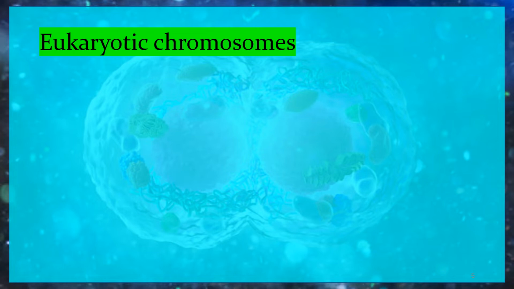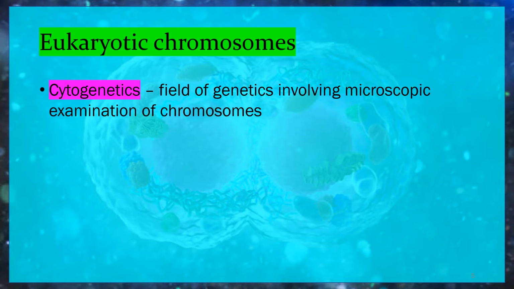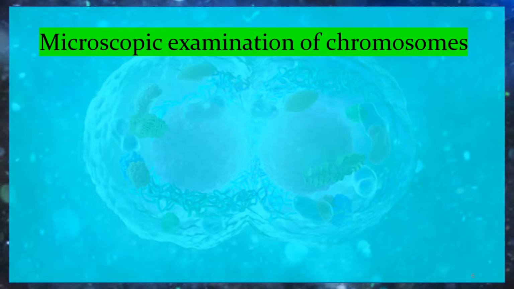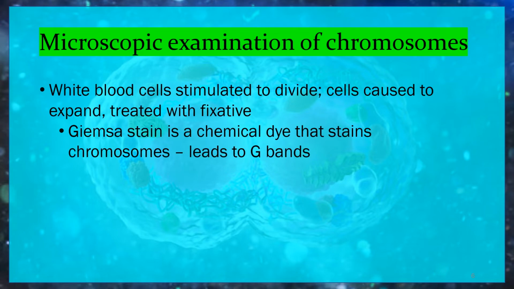These eukaryotic chromosomes. We have what's called cytogenetics, which is the field of genetics involving microscopic examination of the chromosomes. When cells get ready to divide, the chromosomes become compact enough to be seen with a light microscope. For microscopic examination of these chromosomes, white blood cells are stimulated to divide, the cells are caused to expand, and they are treated with a fixative.